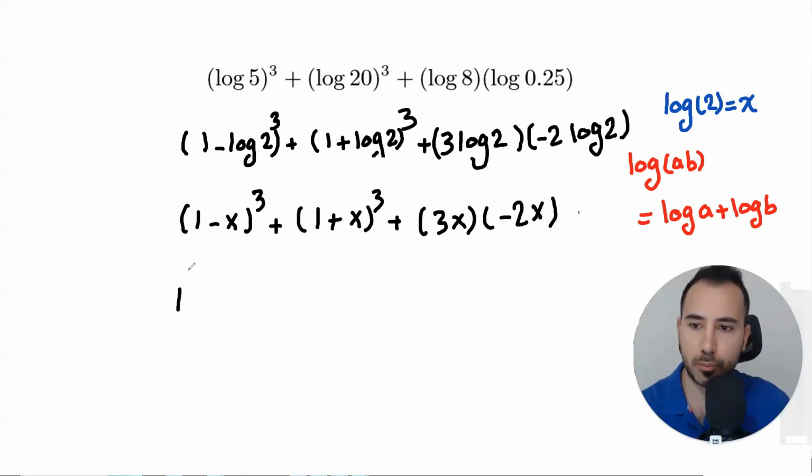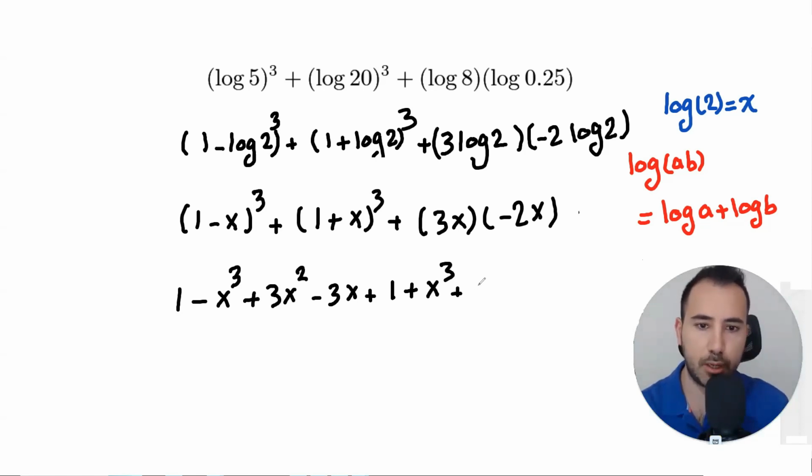The first one will be 1 cubed minus x cubed plus 3x squared minus 3x. If we expand this one again, 1 plus x cubed plus 3x squared plus 3x, and these two together give negative 6x squared.